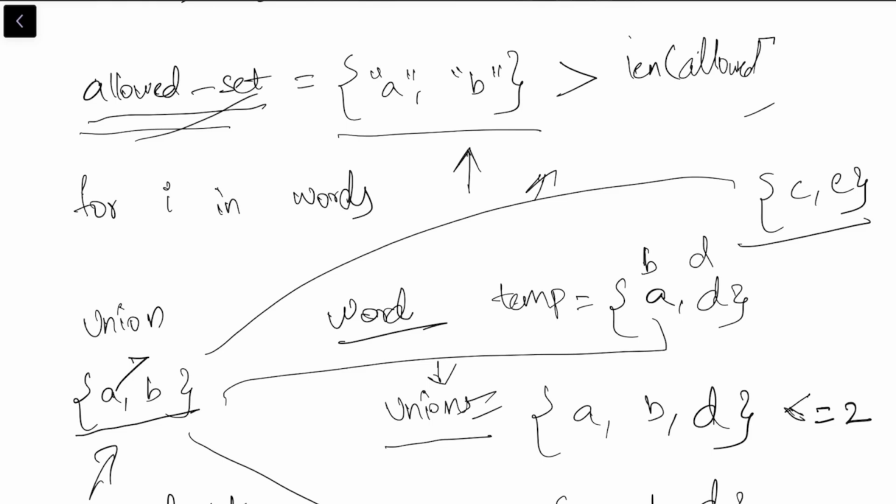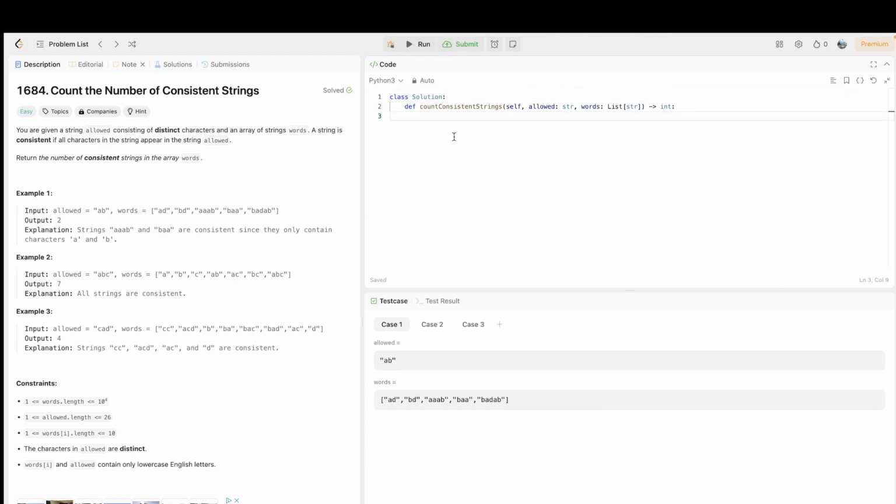Now let's see how to code this. Let's take a variable allowed set, which will be the set of allowed. Now for i in words, create a temp variable, which is set of i.